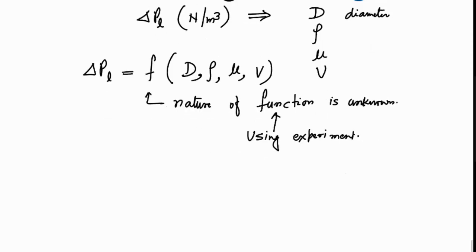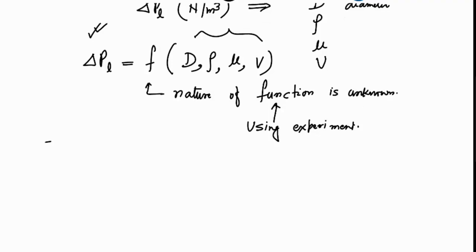Now, how will you do this experiment? So you know there is some variable that is a function of 4 different variables, and I don't know what the function is. I'm interested in finding this function using some experiment. One idea will be to keep 3 variables fixed, constant, and change one of the variables. So one simple idea can be to change one variable, keeping others constant.